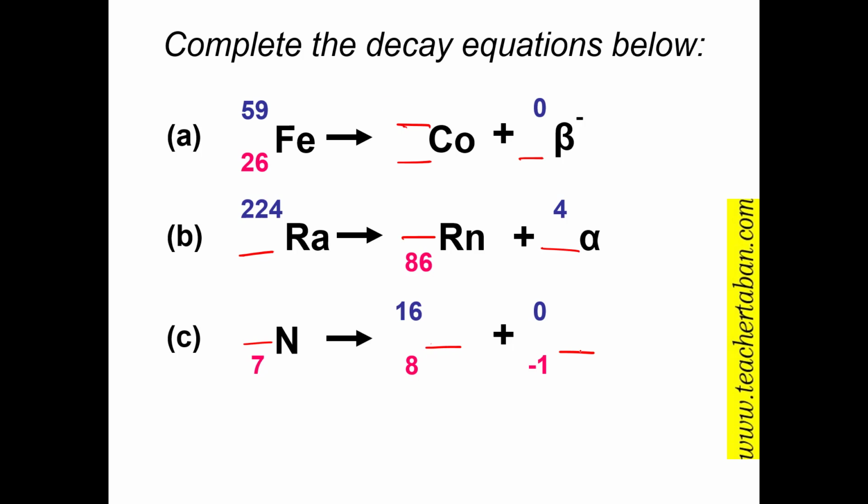So, part A, atomic mass 59, atomic number 27. For beta particle, -1. Then for part B, the atomic number of radium, Ra, is 88, atomic mass of Rn is 220, and we have the 2 because that is an alpha particle. And then for C, the atomic mass of nitrogen, that is N, is 16 because 16 plus 0.